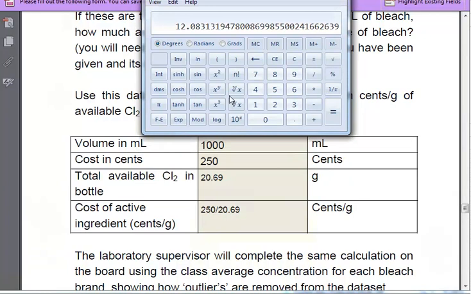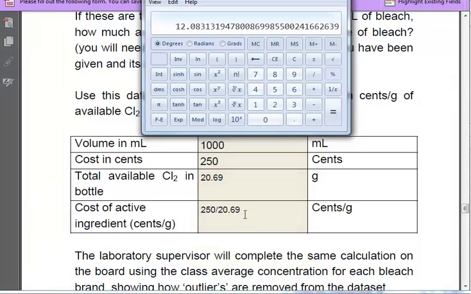Doesn't seem right. 250 cents, and it's 20.69, so I'll just check that again. 250 divided by 20.69. Yep, that's 12 cents per gram.